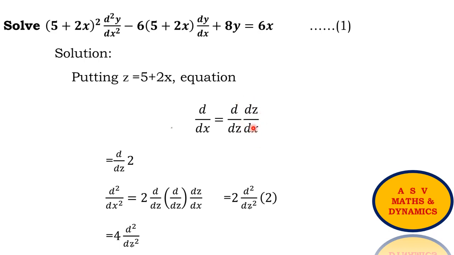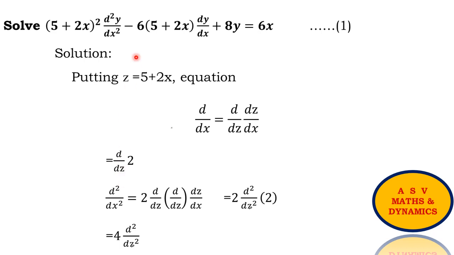From this case you know very well that dz by dx is equal to 2, so I substitute it. So dy by dx becomes 2 into d by dz.